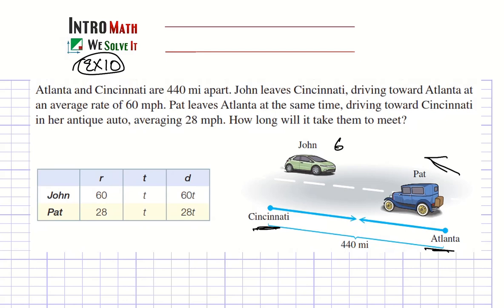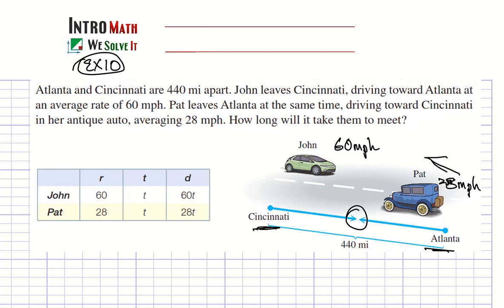John is going 60 miles per hour, and Pat is going 28 miles per hour. Okay, so when are they going to meet?